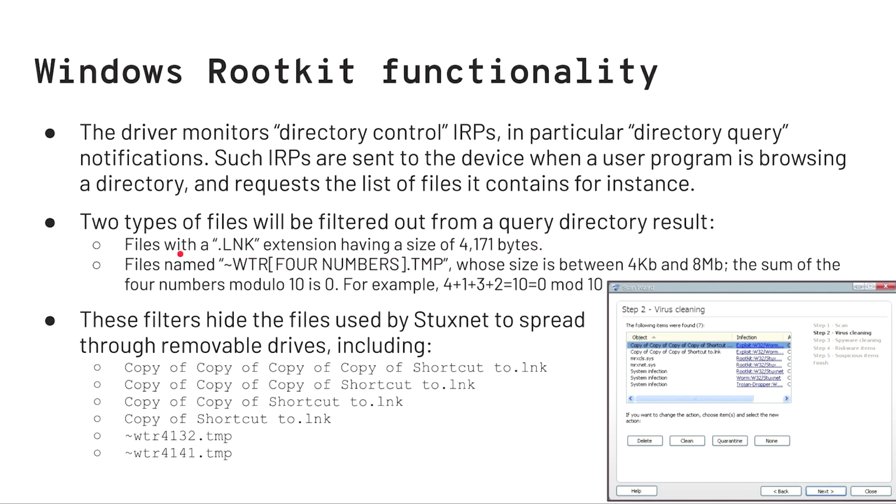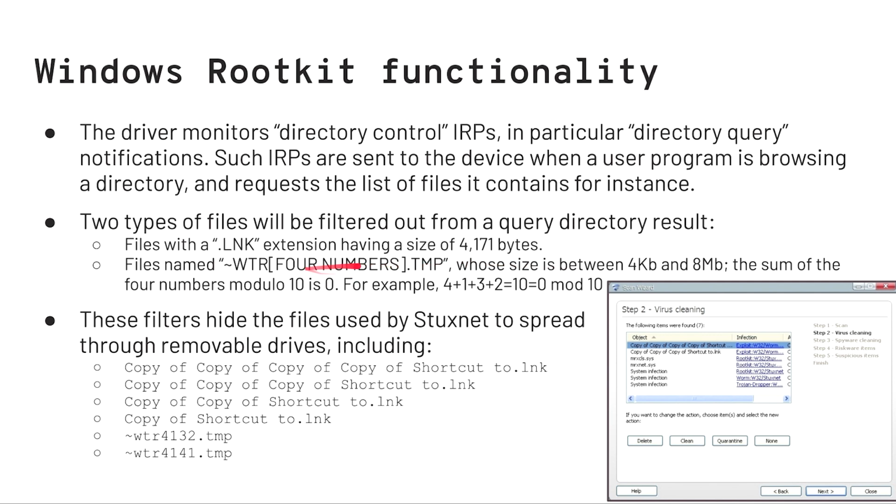The types of files that are filtered out are any file with a .lnk extension that has a specific, very specific size, that includes one of the 0 days that was exploited by Stuxnet. And any file that is named with ~WTR and some 4 numbers. The sizes are also fixed, 4 kilobytes to 8 megabytes.